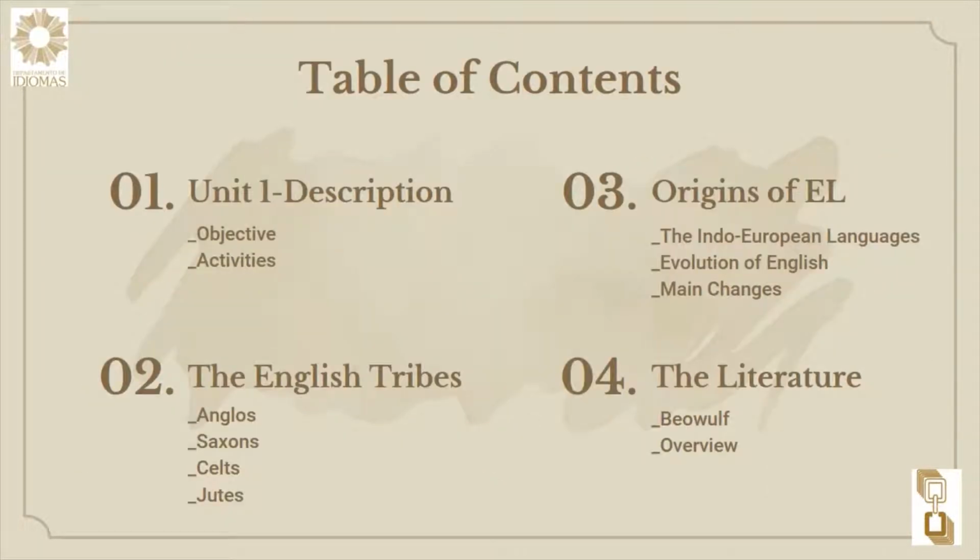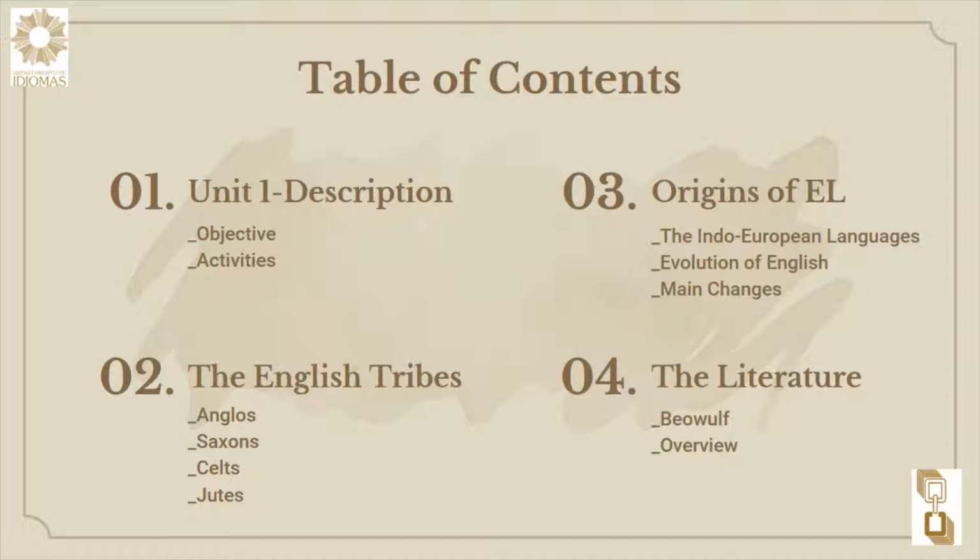In this unit we are going to study four main points. First, we are going to talk about the objective of this unit and the activities that you will need to do. Then we are going to study the origins of the English language, starting with the English tribes, or the tribes that populated the English Isles, and those who invaded the isle, forming the language as we know it today.